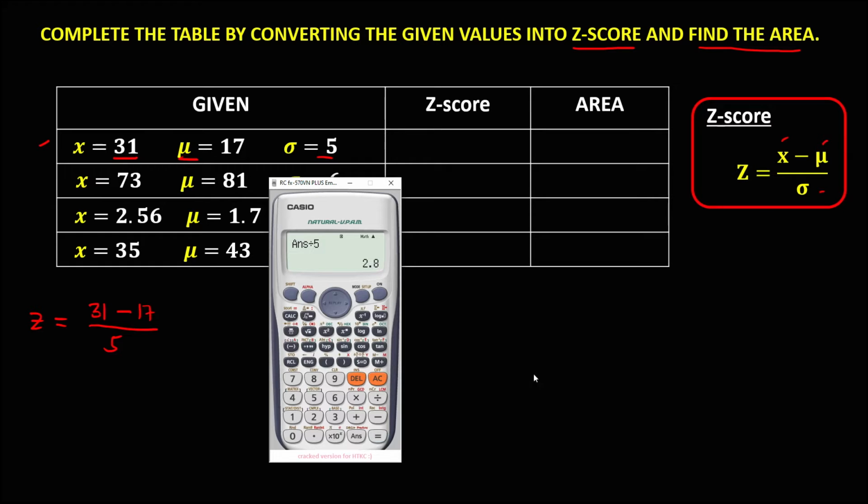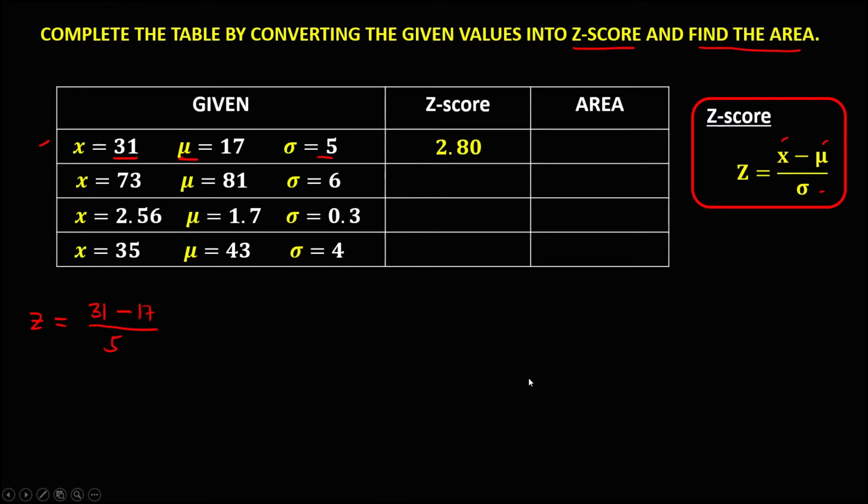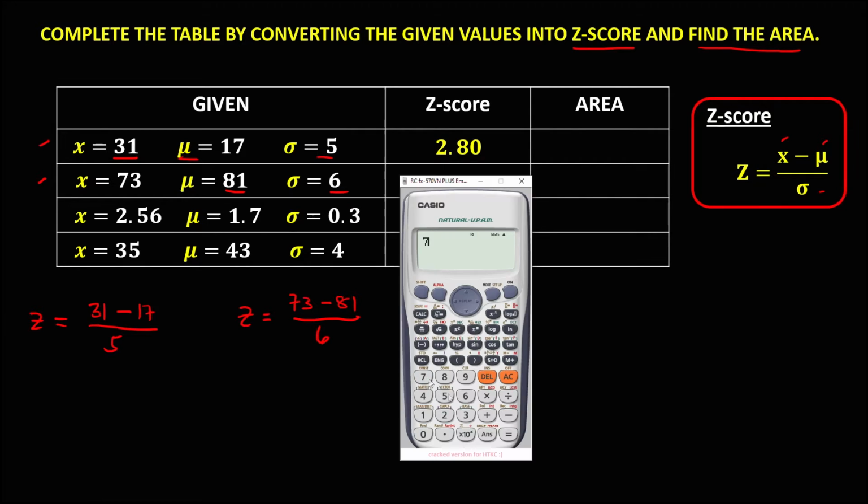So the z-score is 2.80. Then for this given, to convert to z-score, the x value is 73 minus the mean, that's 81, over the standard deviation, that's 6.